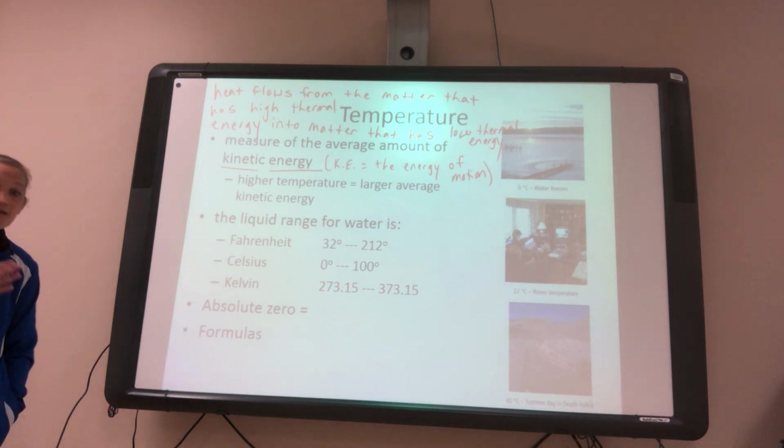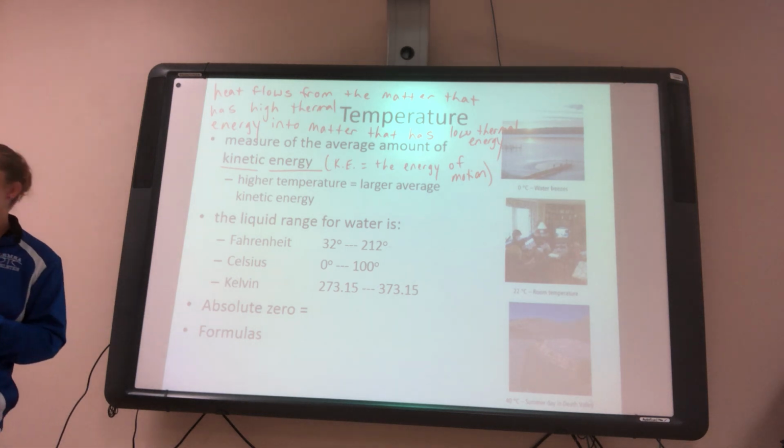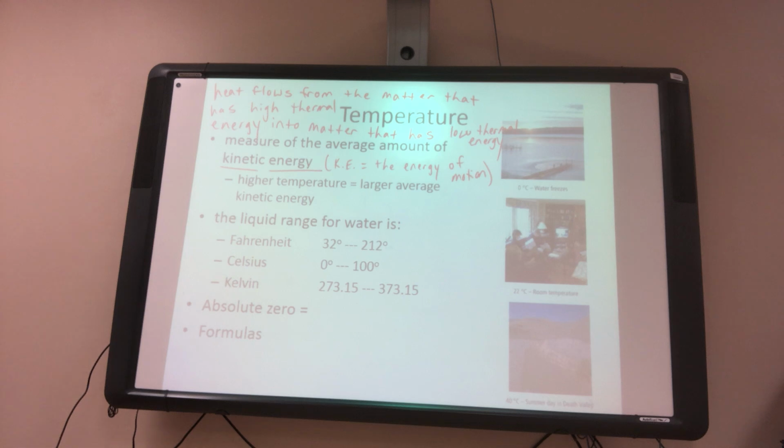So it goes from hot stuff to cold stuff. That could be your non-sciencey definition: it goes from hot to cold. All right, so how do we measure the temperature?